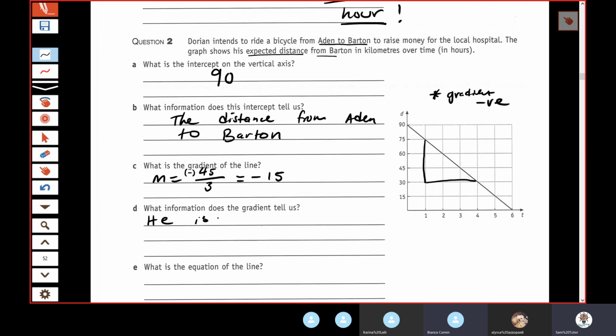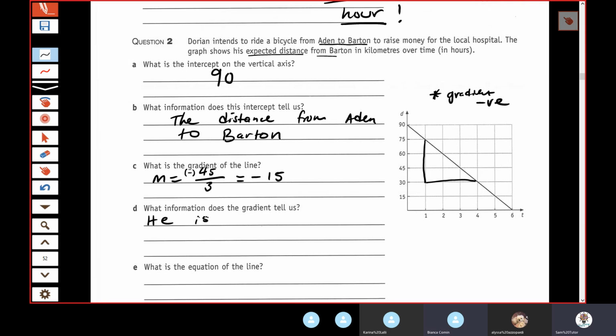Is it like each hour he gets 15 kilometers closer? Yes. Each hour he gets 15 kilometers closer to it.